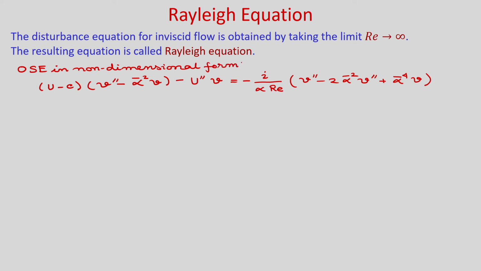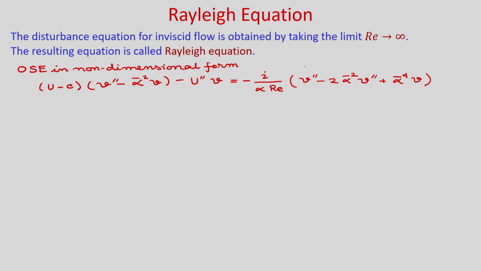The disturbance equation for inviscid flow is obtained by taking the limit Reynolds number tends to infinity. If you take Reynolds number tends to infinity, then obviously this right hand side term, which is your viscous term, you can drop, and the resulting equation is called the Rayleigh equation.